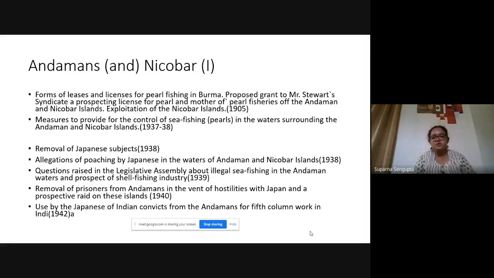Then, with the onset of the war, there were cries for removal of convicts or the prisoners from the Andamans, given the hostilities with Japan and a prospective raid on the islands. There were also fears of the British administrators that Indian convicts could be used by the Japanese for espionage as well.